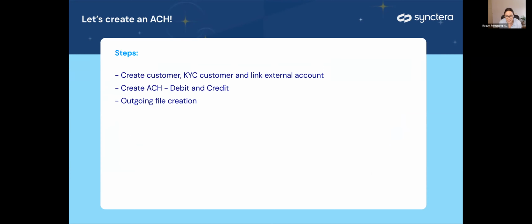Because we are doing debits and credits, we want to link the external account to make sure that the ownership is correct. And we will be creating debits and credits in the ACH. And also we will send an outgoing file to the network, or we will look at an outgoing file. So I'm going to pass this to Steve and start going through the demo.